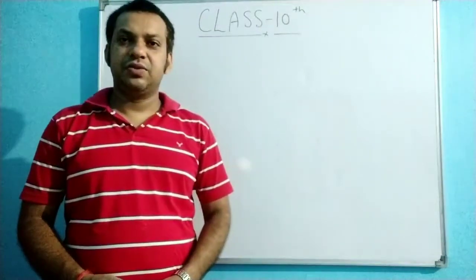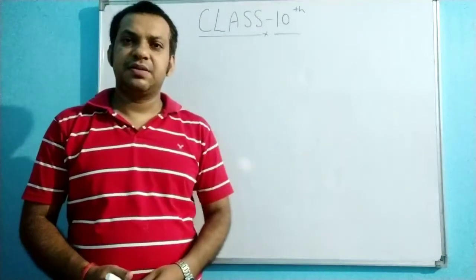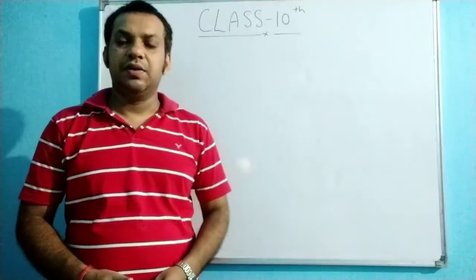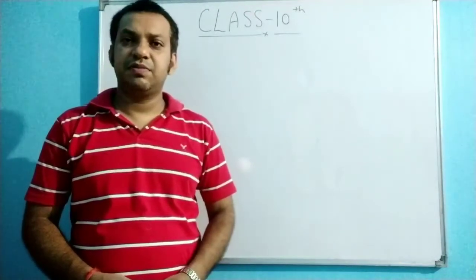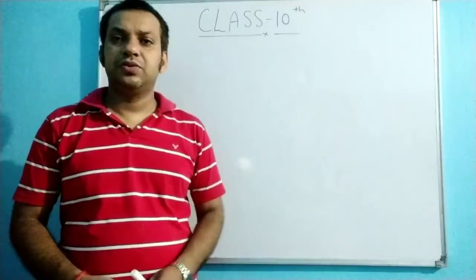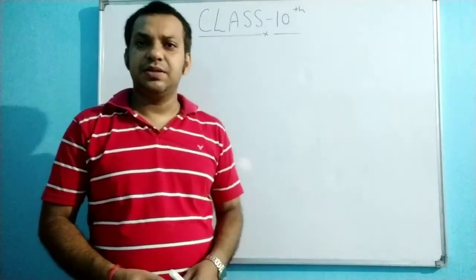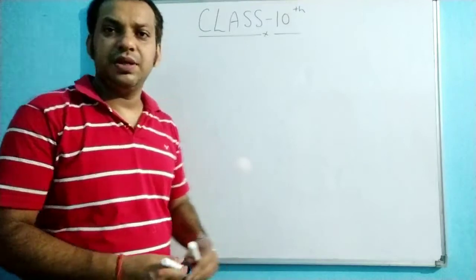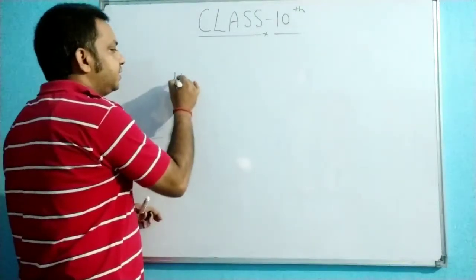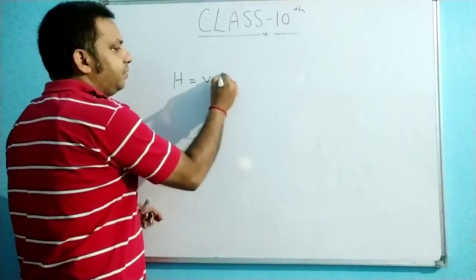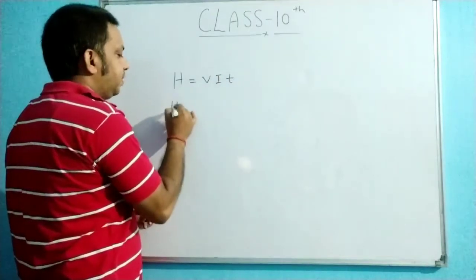Welcome back class. As you know, in our previous class we discussed the heating effect of the electric current, where we derived the expression for the heat generated through any resistor and the power developed in the resistor. The outcome of the theory is that the heat generated is given by H = VIt.